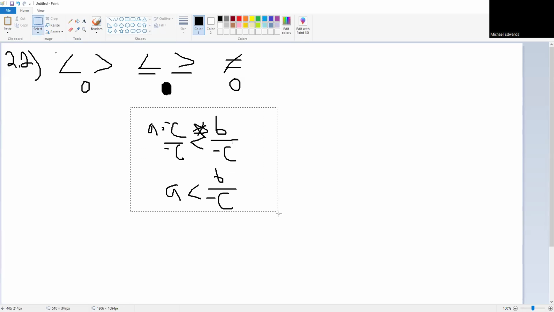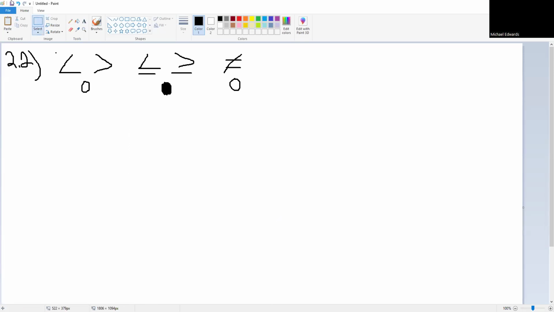Okay, so let's look at something like this. We have x plus 1 is less than 3. Now, to solve this, it's fairly simple. We take the 1 from this side and move it to the other side.